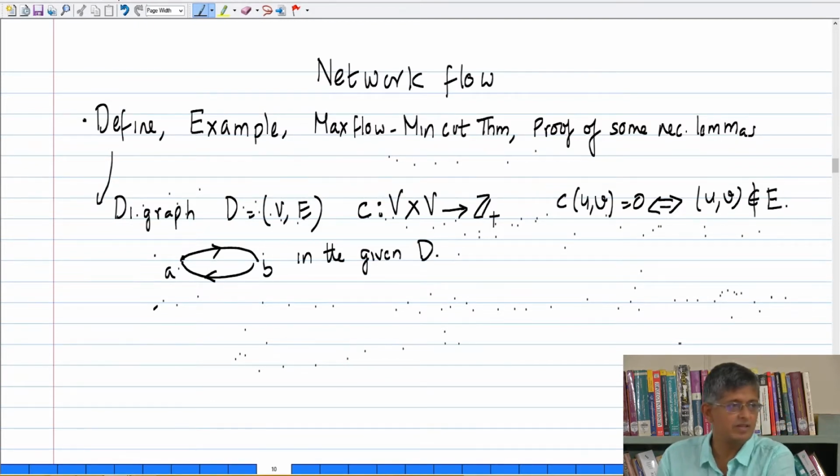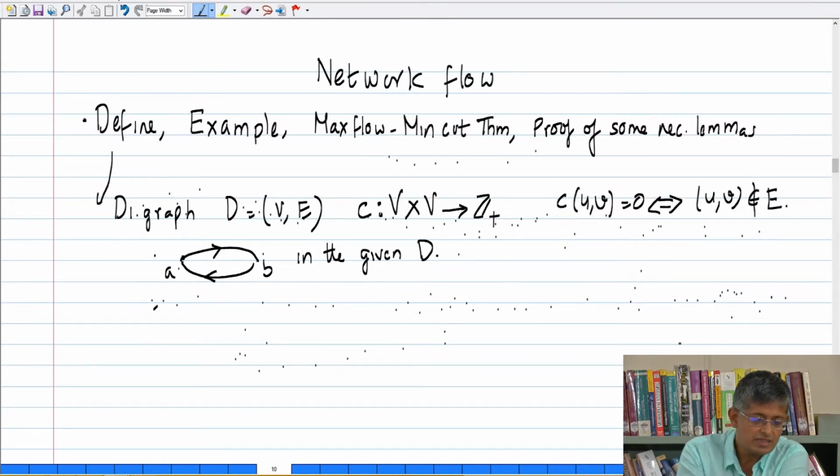We will create some intermediate graphs in which this property will not be enforced. We will keep that in mind, and I will draw your attention to where in our mathematical analysis we use this particular property. This is called an anti-parallel edge, so A to B an edge and B to A an edge. This is not there in the given graph.